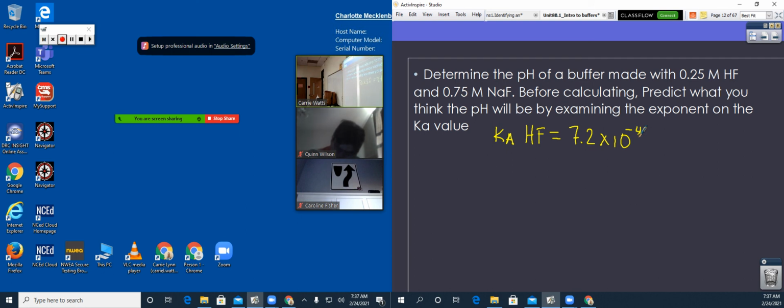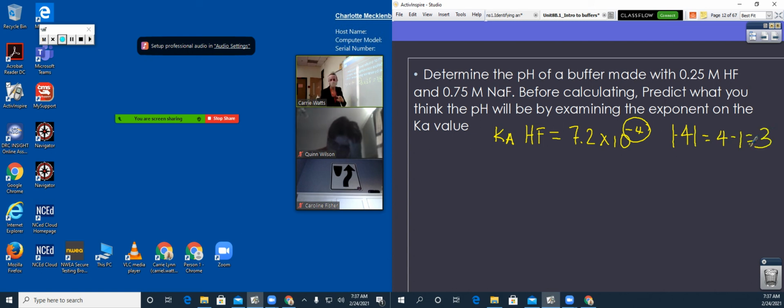Now, does anybody know how to estimate the pKa from this number without using a calculator? Do you know how to estimate it, Chase? Yeah, I usually take the absolute value of this exponent, so that's 4, and then I usually subtract 1.